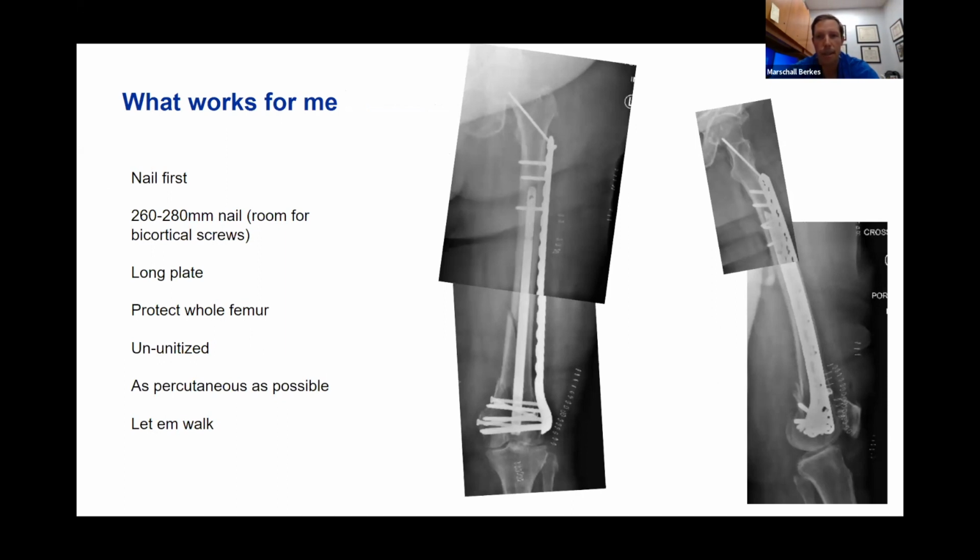I try to protect the whole femur, but the x-ray that you see is the one that you get typically with the location of the plate and the location of the screw. Does that prevent a hip fracture? No idea. Typically, I don't try and link the implants unless it's just out of serendipity, and try and do this as percutaneously as possible and let them walk.